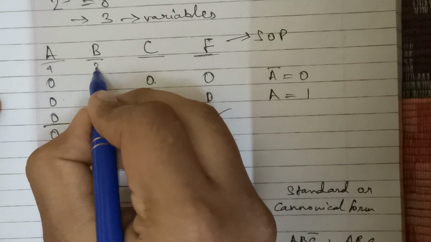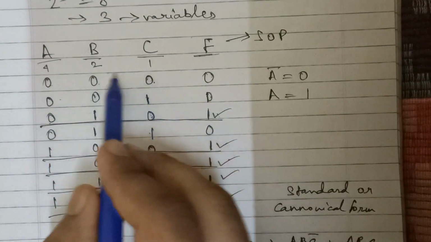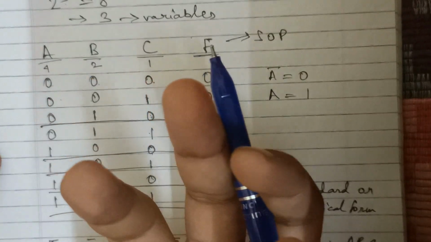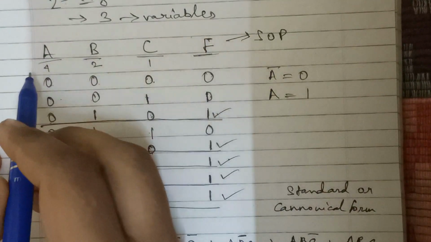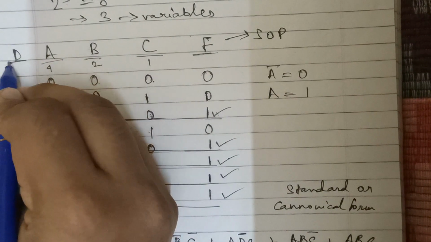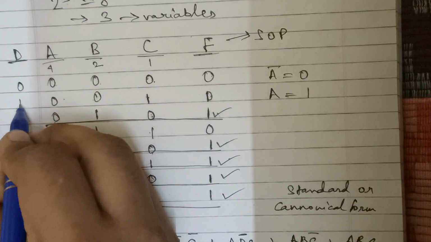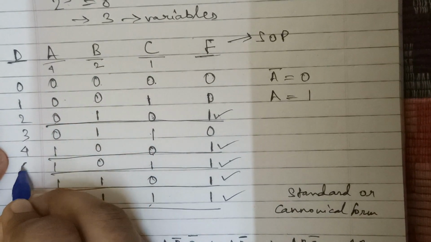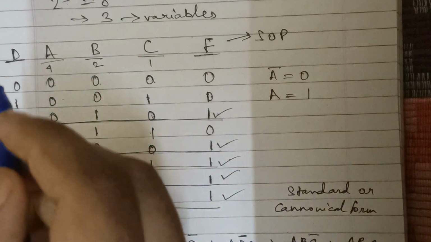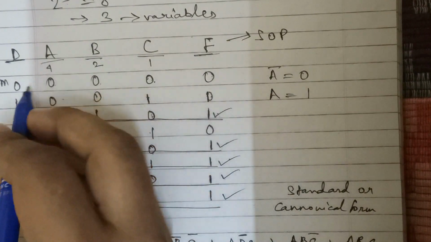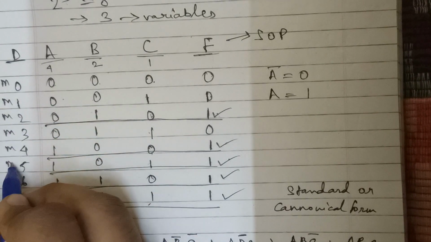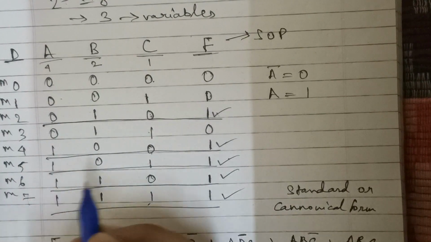For the decimal equivalent, for min term we write m. So m suffix 0, m1, m2, m3, m4, m5, m6 and m7.